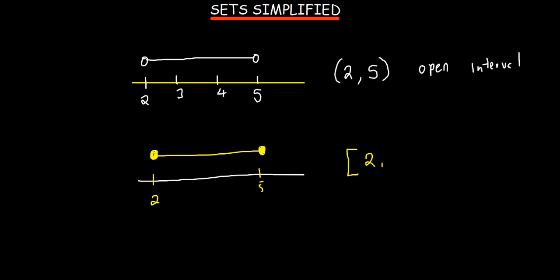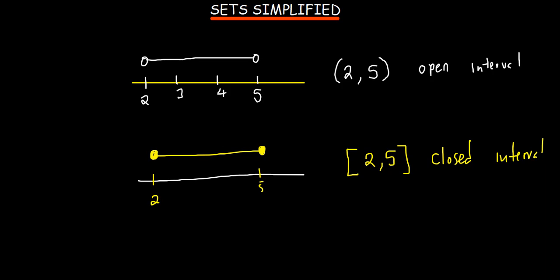So you write it like this: 2 comma 5. These brackets, we call them closed intervals. Closed interval means that we are talking about all the numbers from 2 to 5, including 2 itself and also including 5. That's closed.